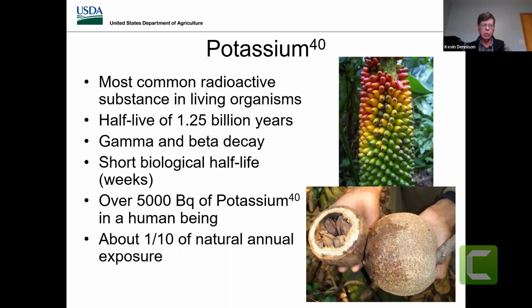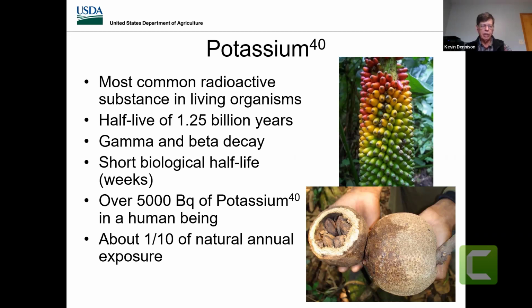There's half as much as there was 1.25 billion years ago. It decays by both gamma radiation and beta, and has a very short biological half-life. In other words, if you take a potassium supplement, that potassium enters your body, but you excrete quite a bit of it, so there's kind of an equilibrium. Every time you take in potassium, you get rid of some, and it's very mobile.